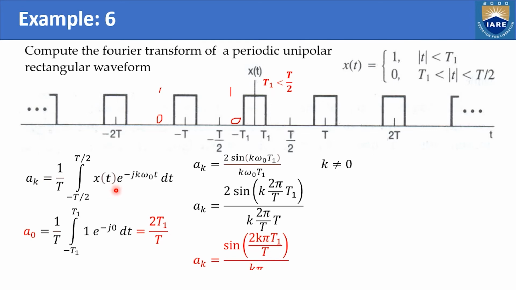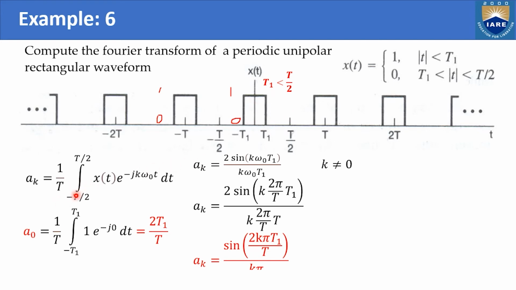Its amplitude between minus T1 and plus T1 is only 1. The remaining part, from minus T by 2 to plus T by 2, is the total period. In this period, between minus T1 and plus T1 only it is 1; otherwise it is 0.